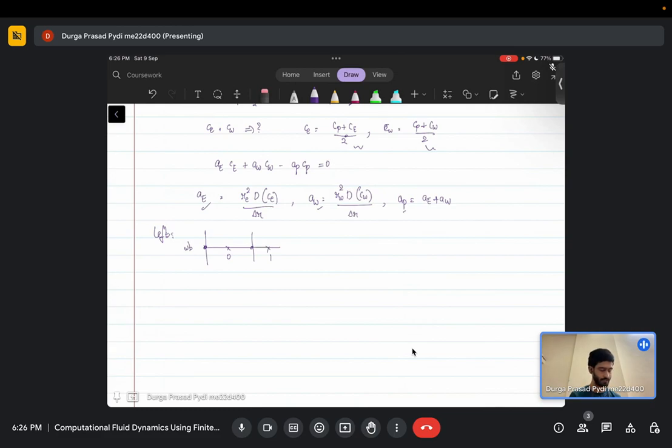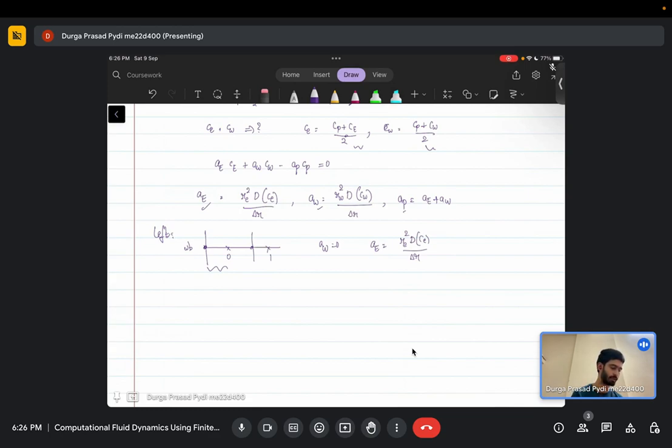Since it is for the west boundary, you have AW equals 0. Your A east will be the same as the previous case, so you have r little e. So this is straightforward. So how will this change? It is a delta x by 2.